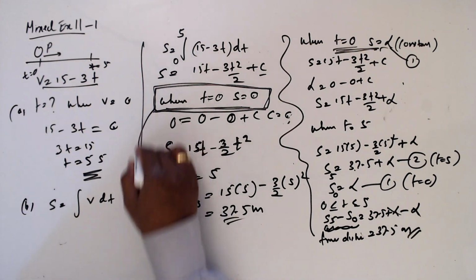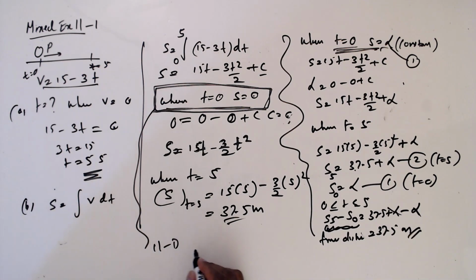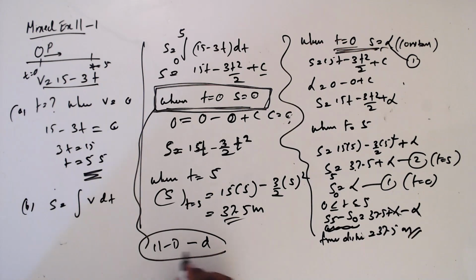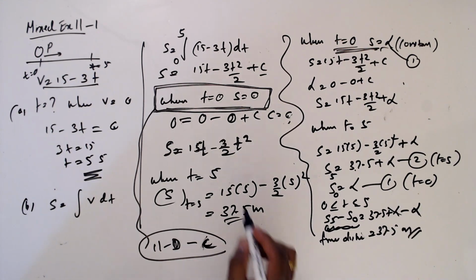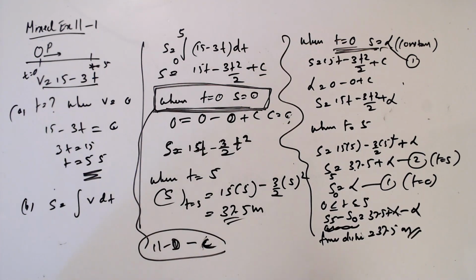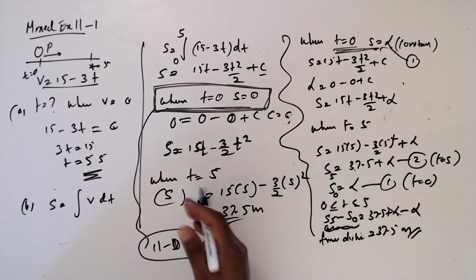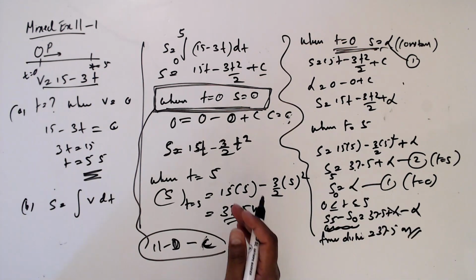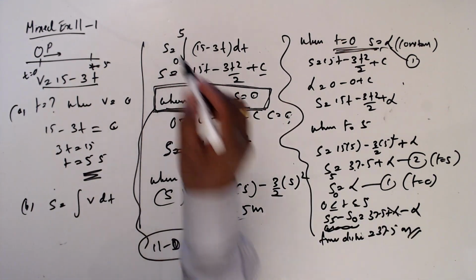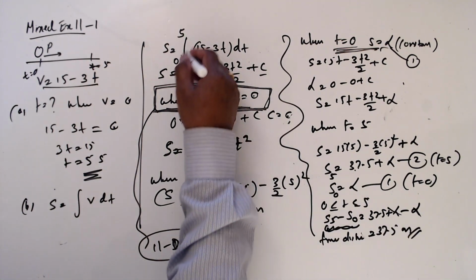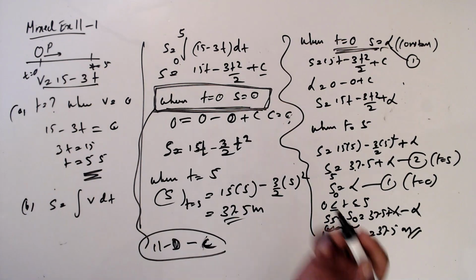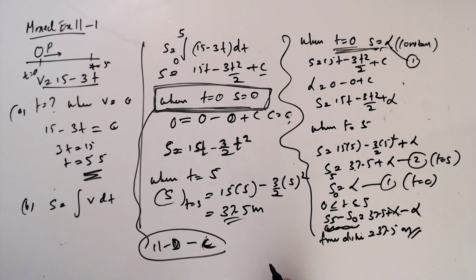When I work exercise 11D part C, I assume t equals 0, s equals 0, because when we take the difference it cancels out, but this is the best way to work it out. So this is the short technique. When we take the difference, that constant will not be generated.